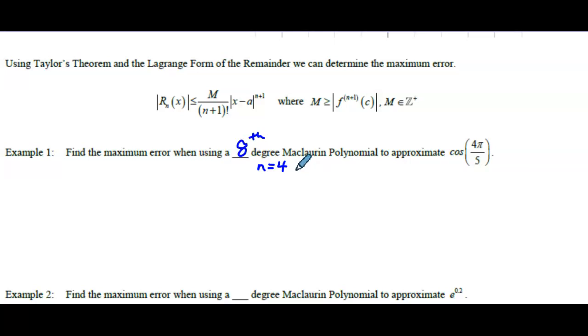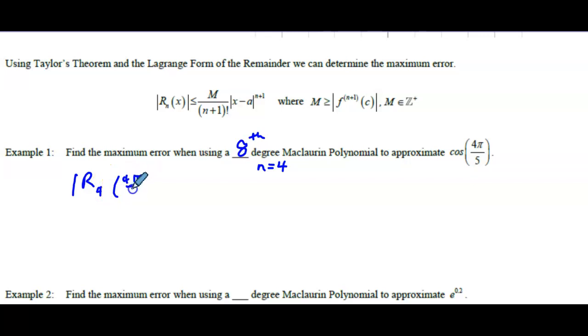So when we're talking about an 8th degree, that's when n is 4. So we're going to find our remainder here. We call it R4. That's the remainder for when n equals 4. So it's really for the next term.